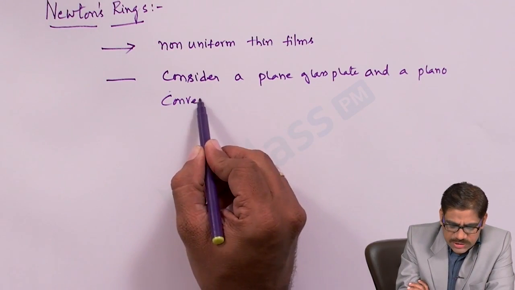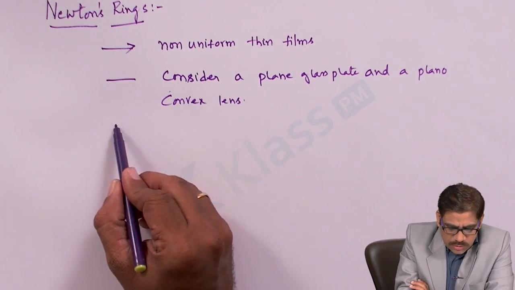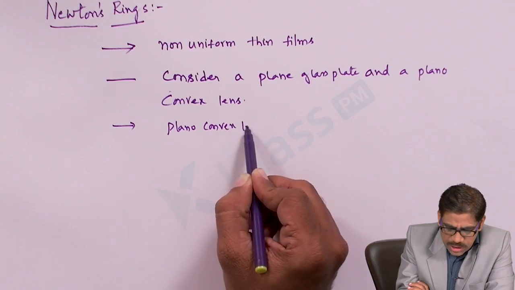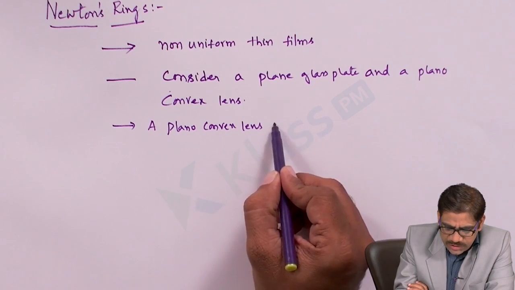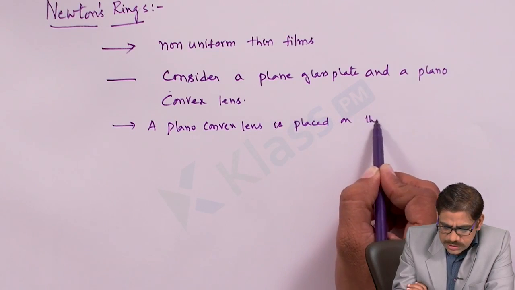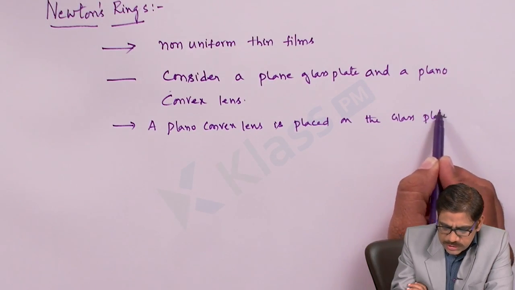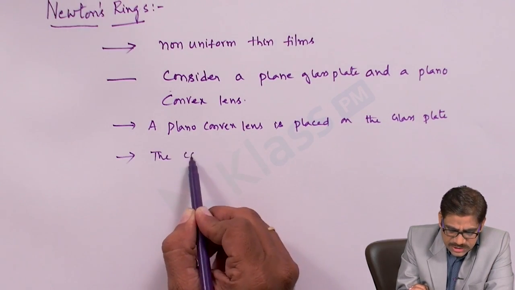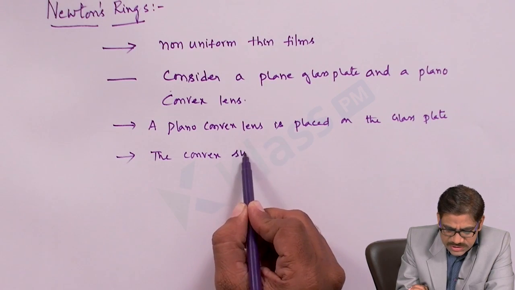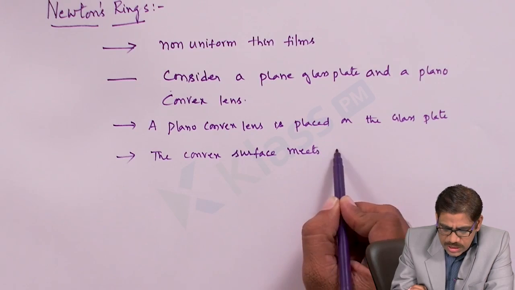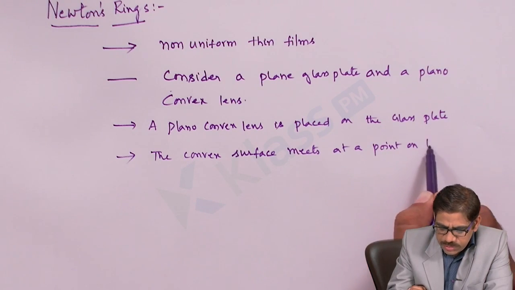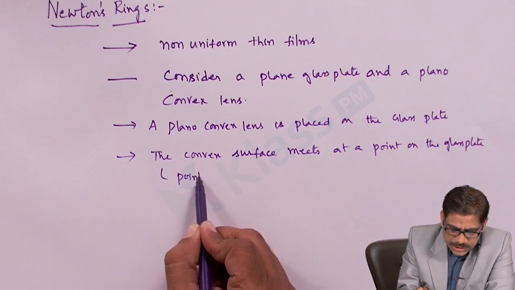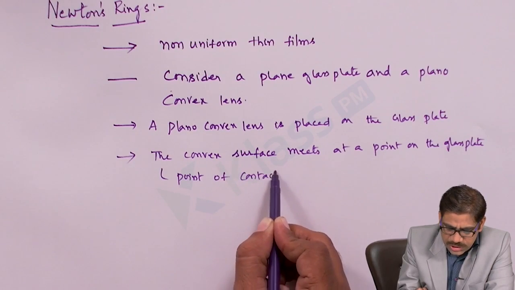The plano-convex lens is placed on the glass plate, and the convex surface meets the glass plate at a point, which we call the point of contact.